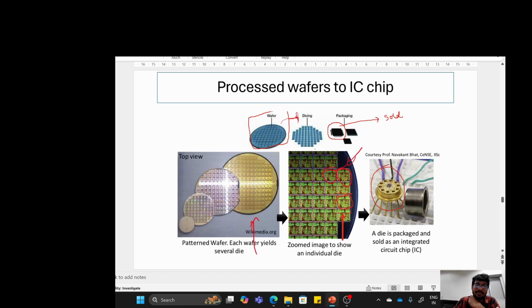Then you can make the devices out of it. You can make the final sensors, or after packaging you can make the sensor out of this. These can be sensors or FETs or whatever.